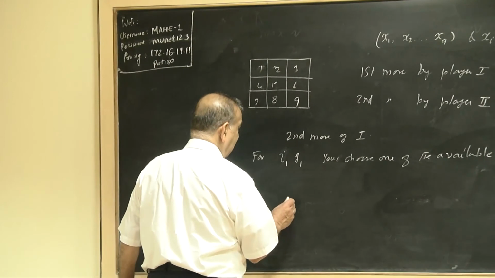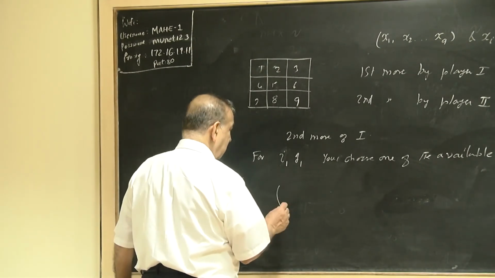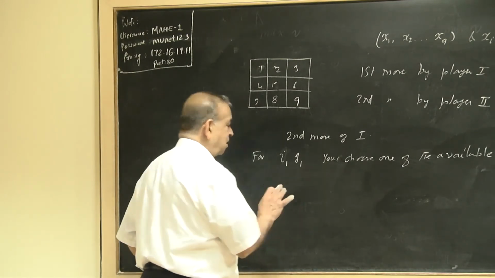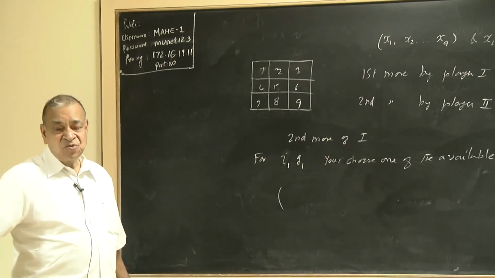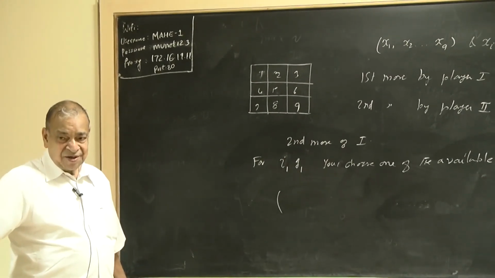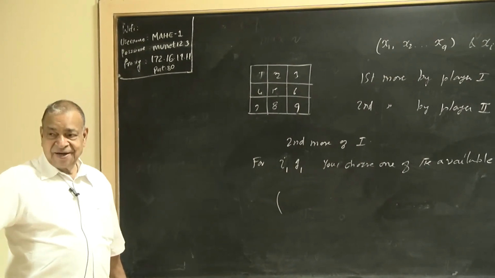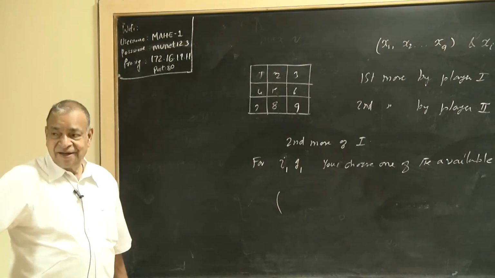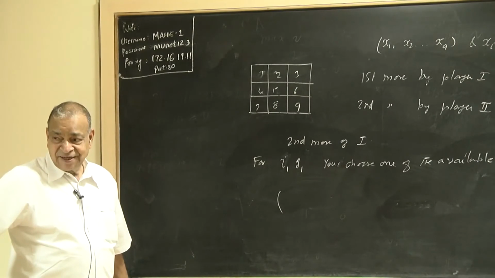How do I write it? In player 2's first move, it depended on a function, which you wrote as a vector. Now this one will have how many coordinates? 9.